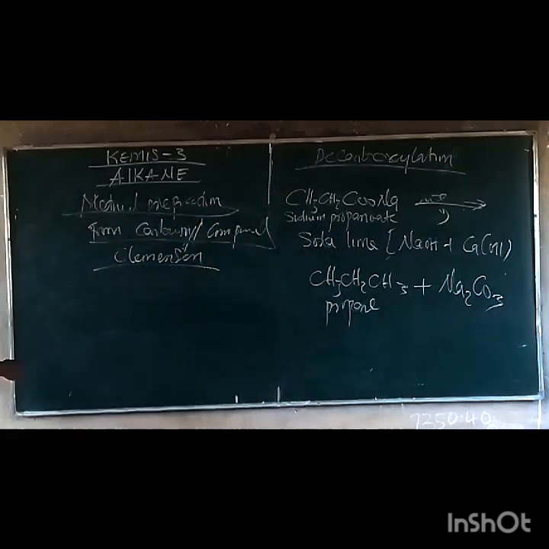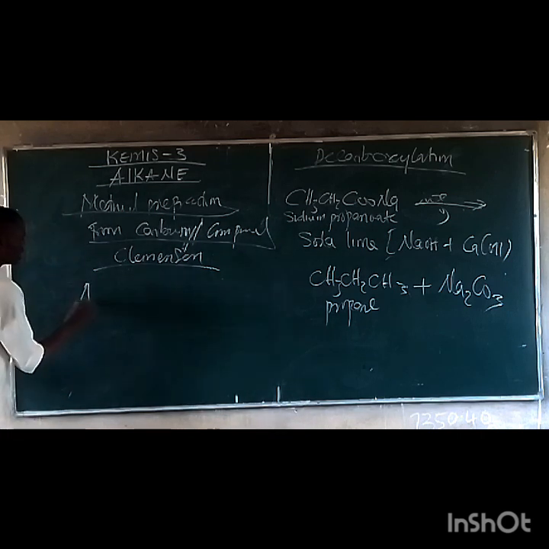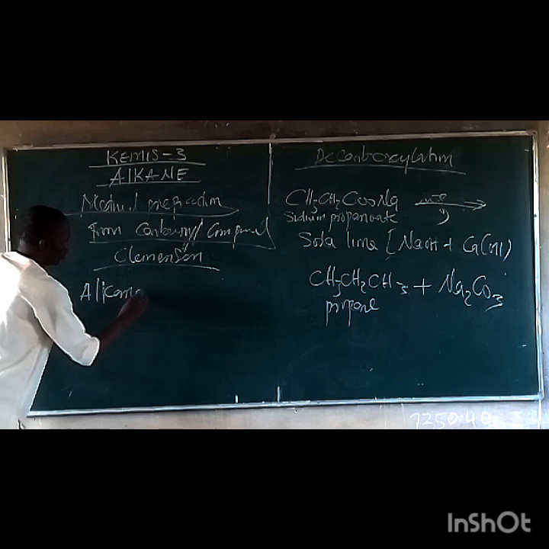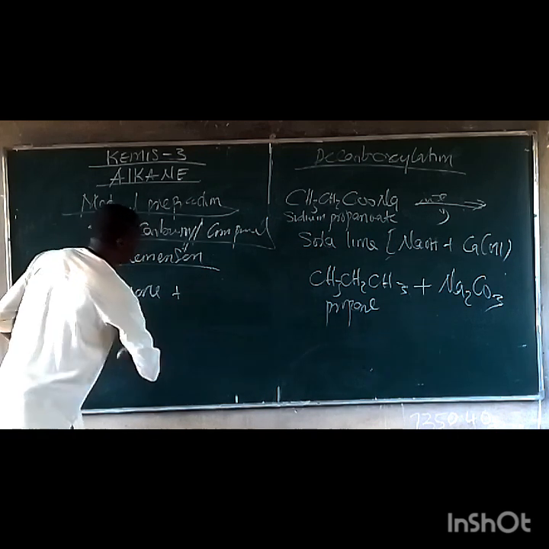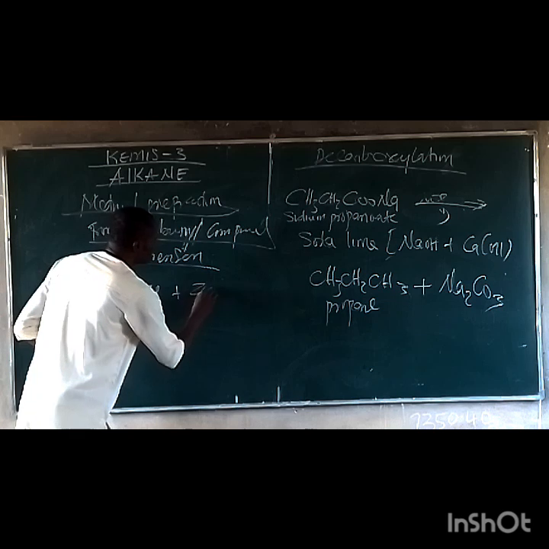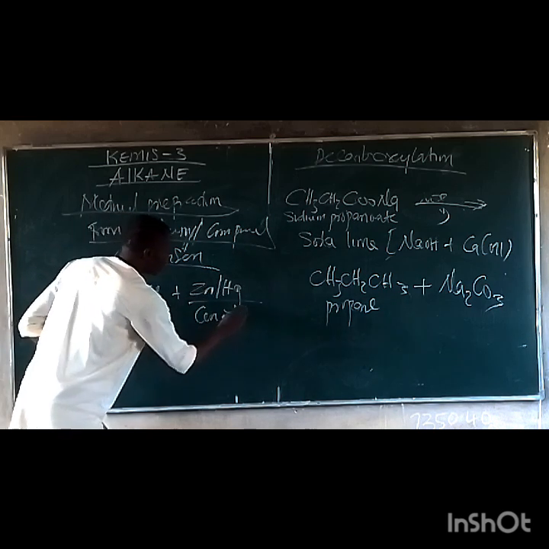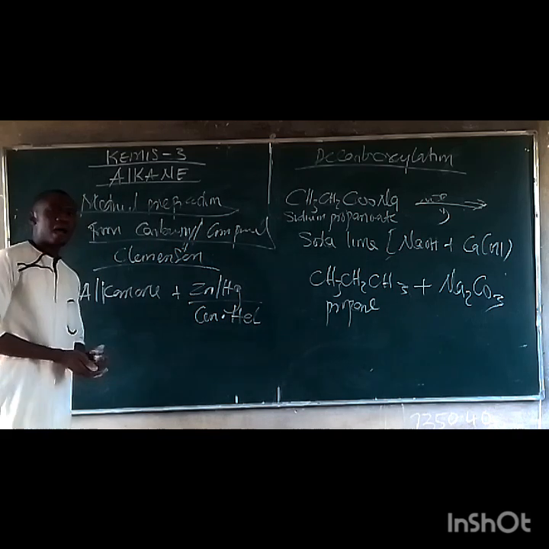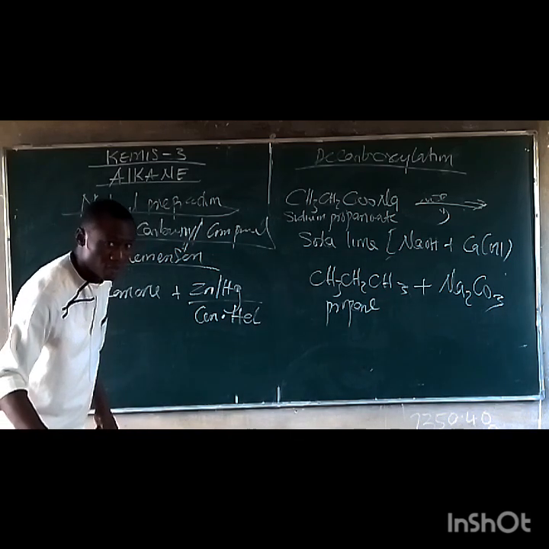Now, for Clemmensen reduction, we can be using the alkanone, and we'll use a reagent. And that reagent is zinc amalgam and conc HCl. Zinc amalgam and concentrated HCl. If you carry concentrated HCl, be careful you don't get burned.